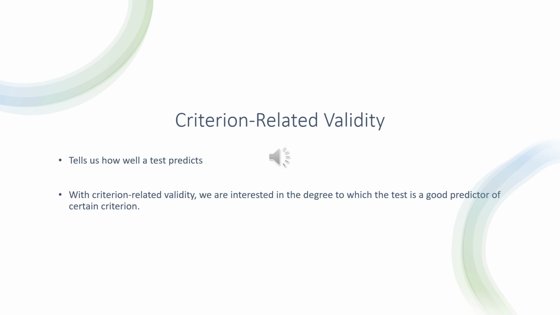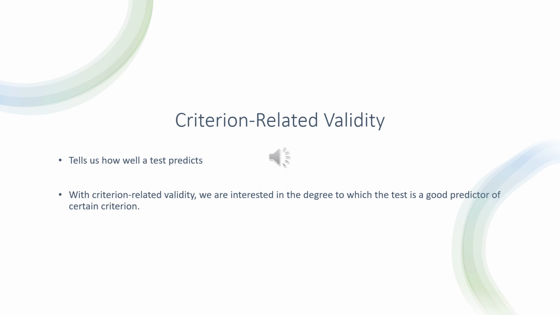Now, evidence of criterion-related validity does not apply to every type of test because the focus with criterion-related validity is on how well the test predicts certain behaviors. That is the criterion. So the SAT or the ACT predicts academic performance in college.